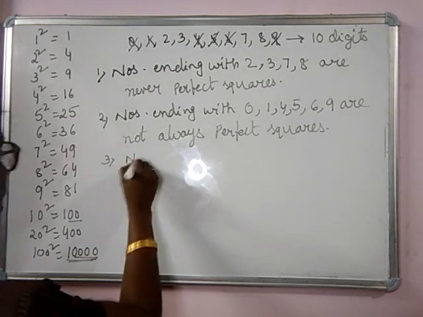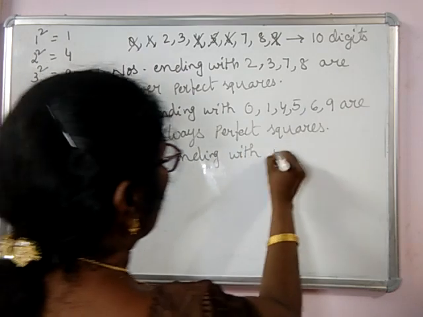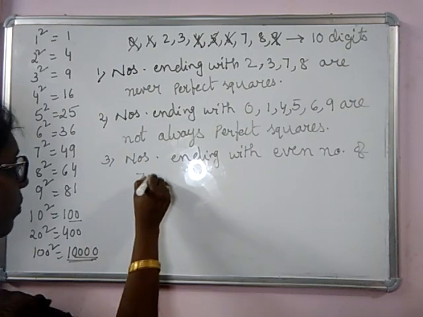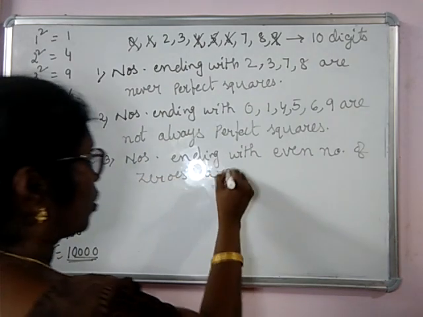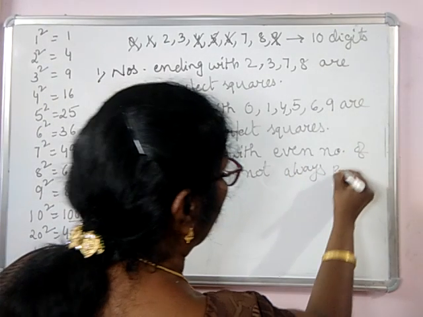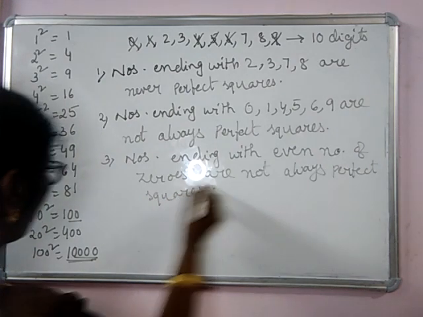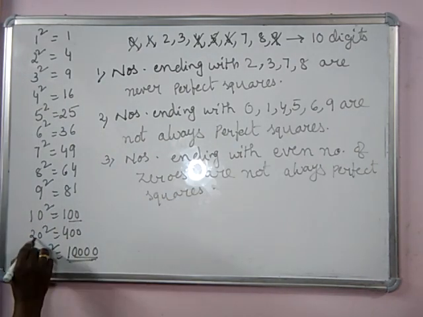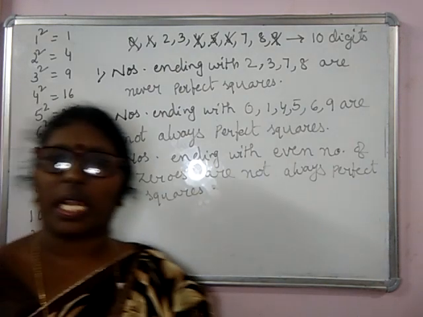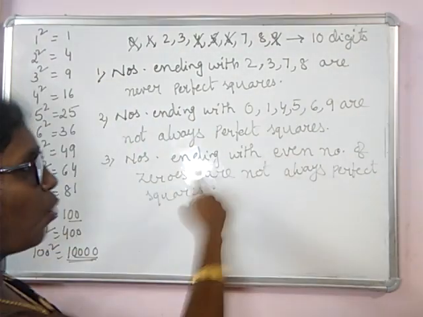That means numbers ending with an even number of zeros may be perfect squares. I showed you: 10 square is 100, 20 square is 400. But 200, 300, 500 are not perfect squares. Okay, that is what is given to you.